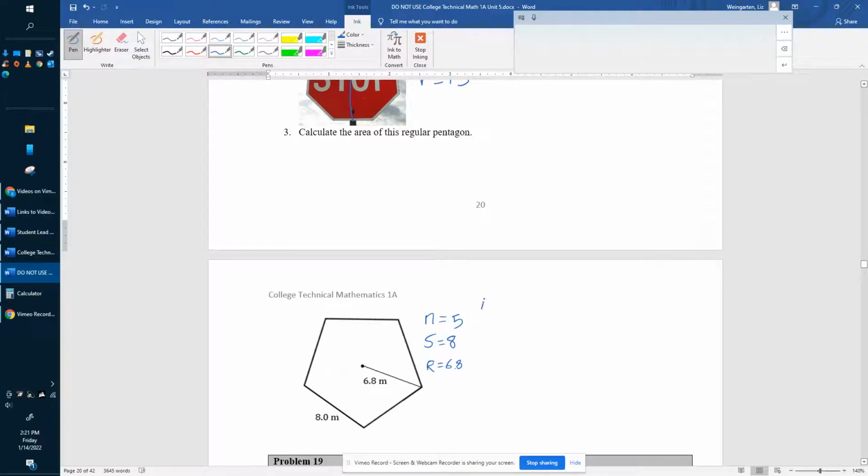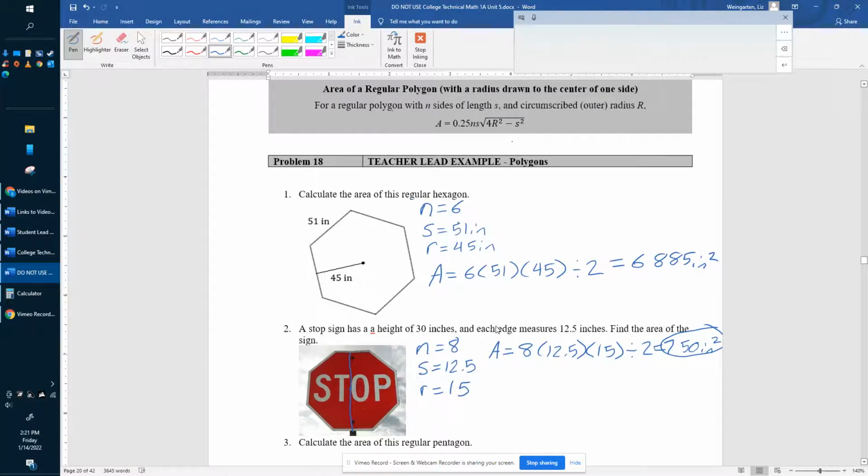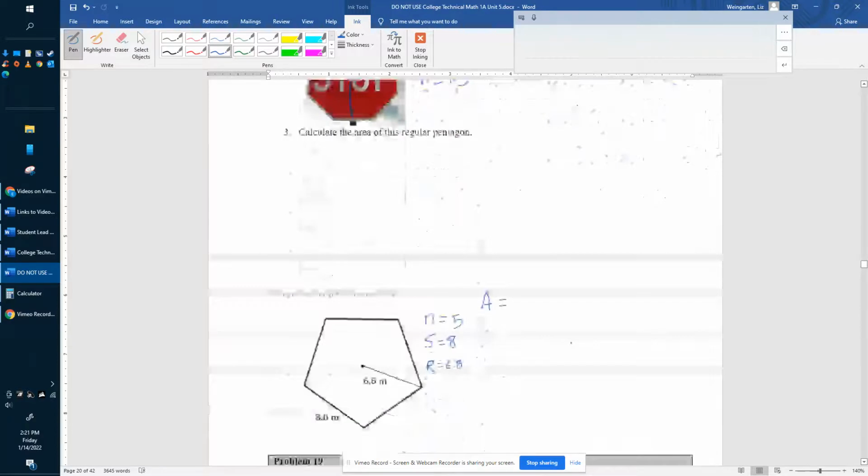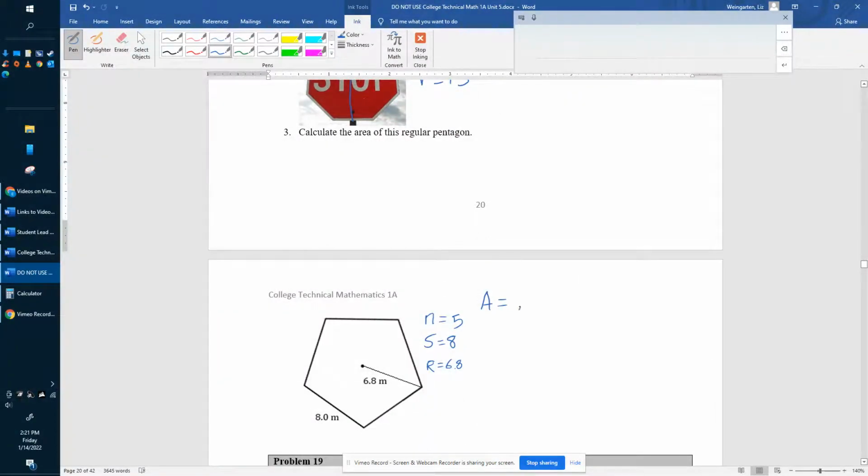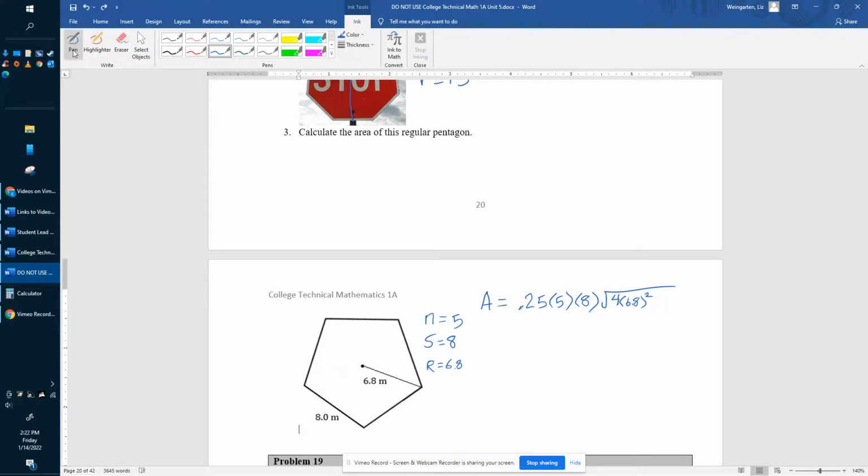So let's plug it into that formula. A equals, what's that ugly thing? See, I don't even have it memorized. 0.25 n s times the square root of 4 times big R squared minus s squared.